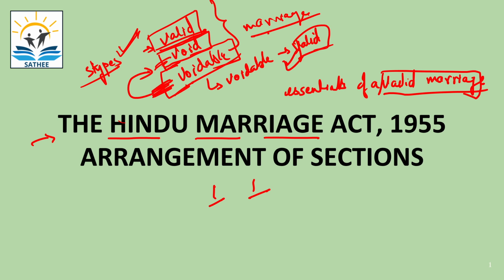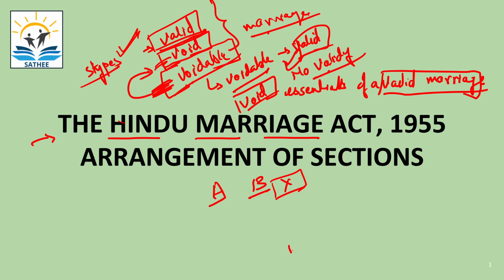If they feel that those essentials have not been abided by, they will convert this voidable marriage into a void marriage, and that marriage will be of no validity. It will be considered that these two people, let's take the example of A and B, have not been married so far, unless that marriage has been considered a valid marriage in the eyes of law, or more specifically according to the court.